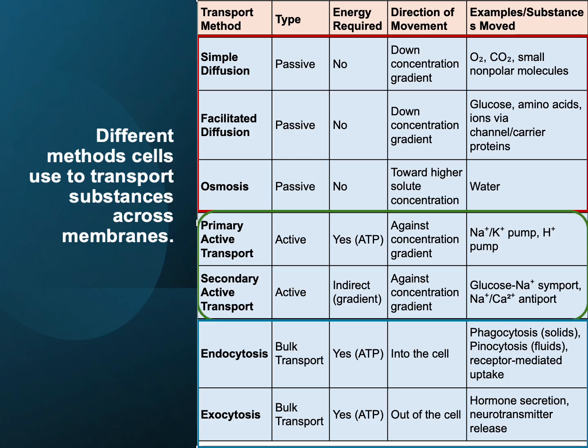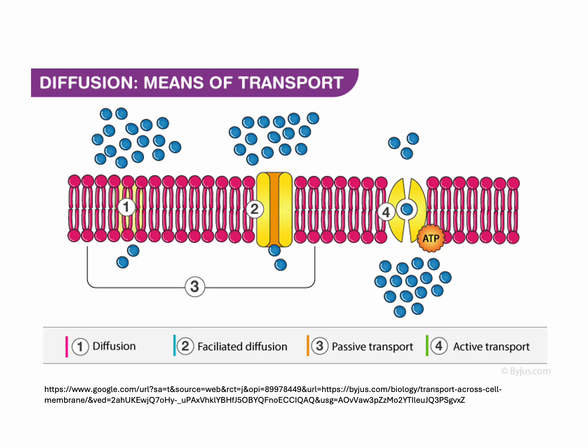The last one is bulk transport. It involves energy-dependent processes where endocytosis brings substances into the cell and exocytosis expels them. Examples include phagocytosis for endocytosis and hormone release such as insulin secretion for exocytosis. Now, this is the schematic diagram of passive diffusion, facilitated diffusion, as well as active transport with the use of energy, ATP.